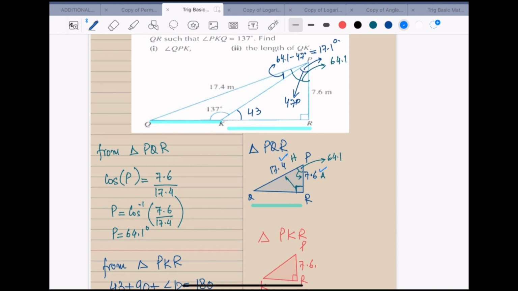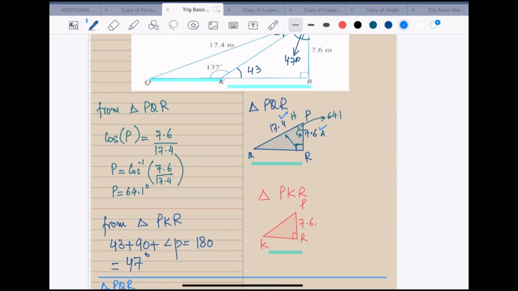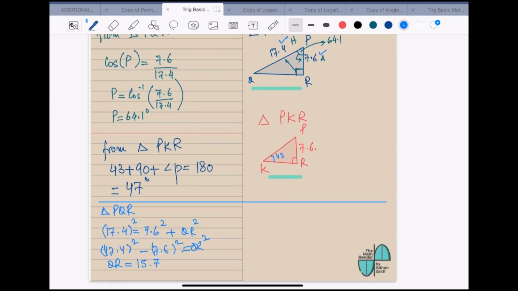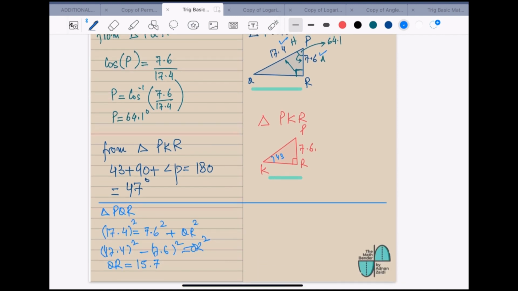Now let's try to find out in the other triangle. We already know that this here is 43. We do not have the other two sides, so we cannot apply the Pythagorean theorem. In this scenario, we'll apply trig ratios. This is opposite and I have to find the adjacent.